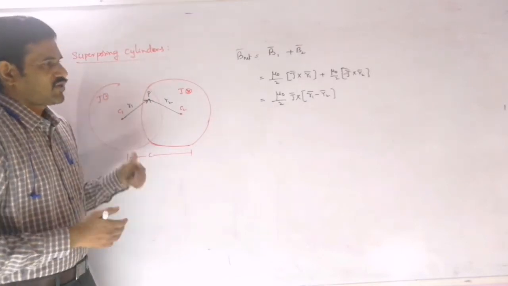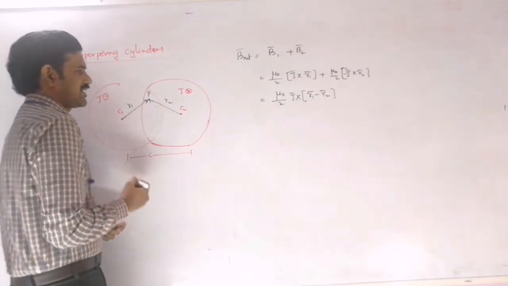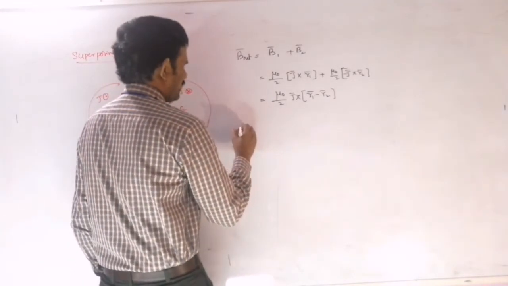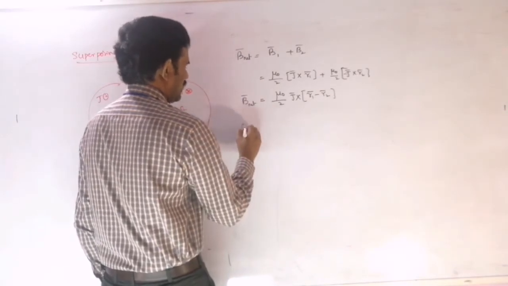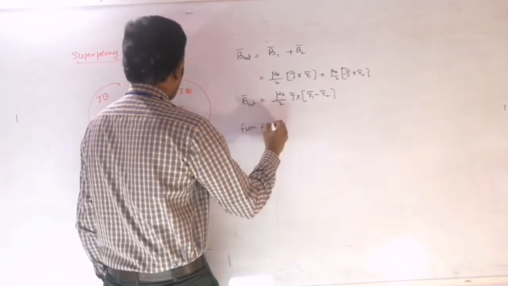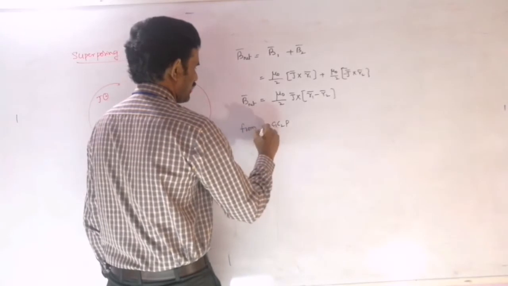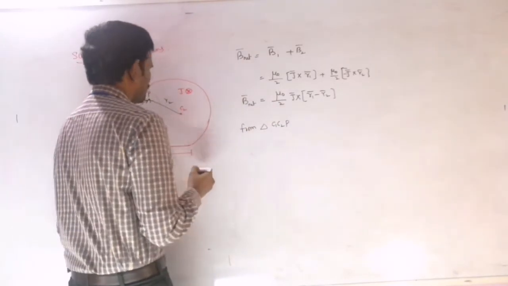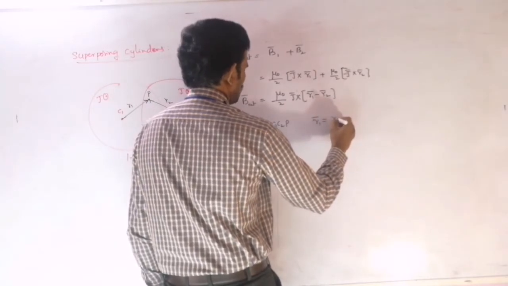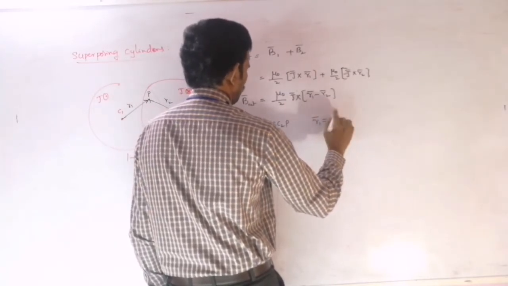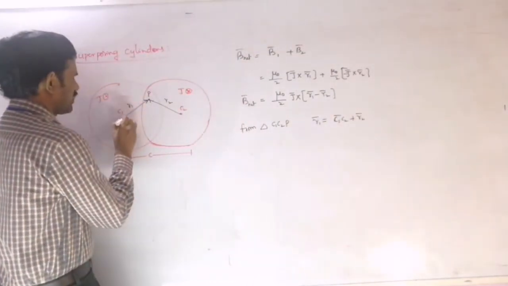Now R1 bar minus R2 bar can again be solved using the triangle C1, C2, P. From this triangle, R1 bar equals C1C2 bar plus R2 bar, where C1C2 bar is the vector in this direction.